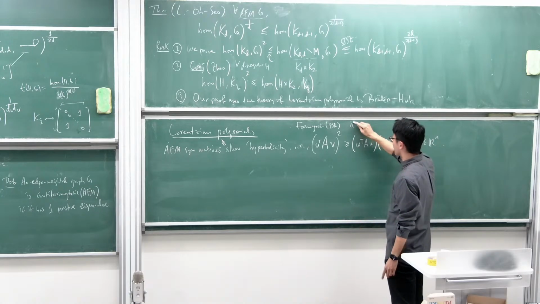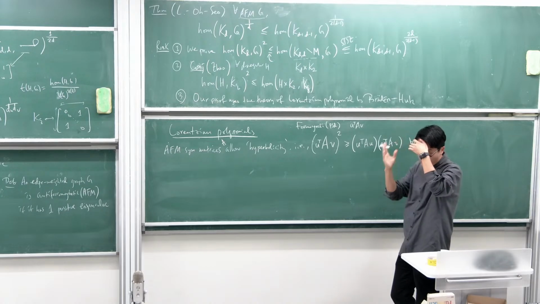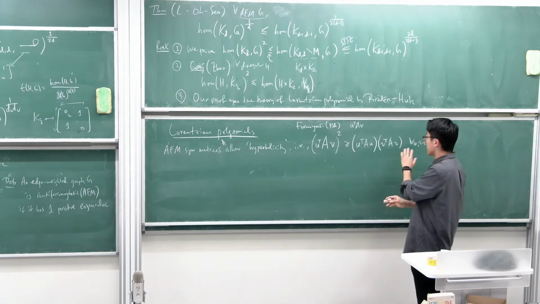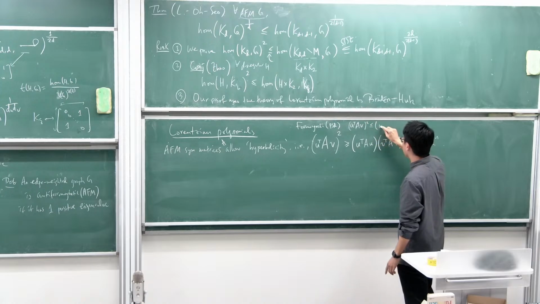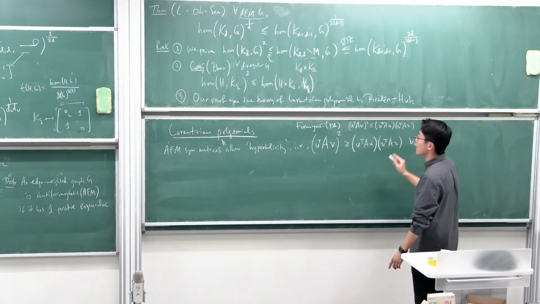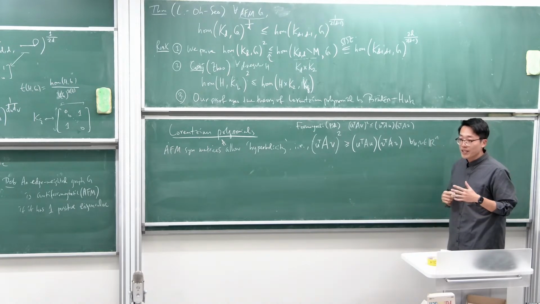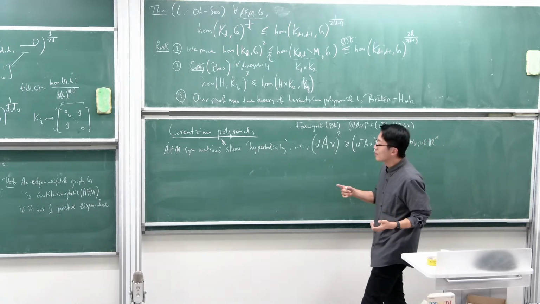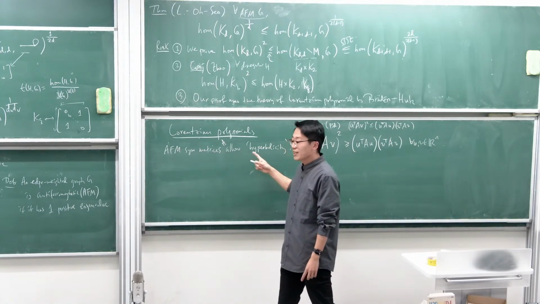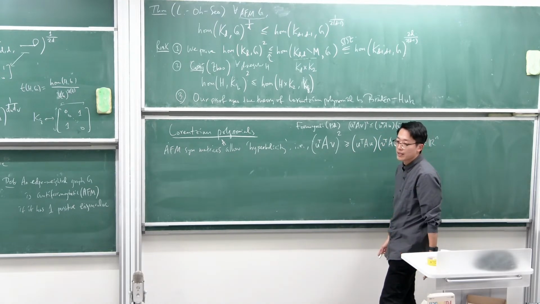U transpose AV defines an inner product for the Euclidean space, and then you have this inequality, which is the Cauchy-Schwarz inequality for the inner product space. But if you have AFM symmetric matrices, then you have the inequality reversed, which is the interesting part.